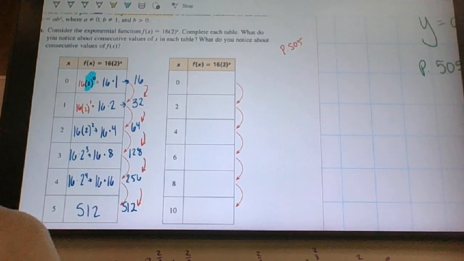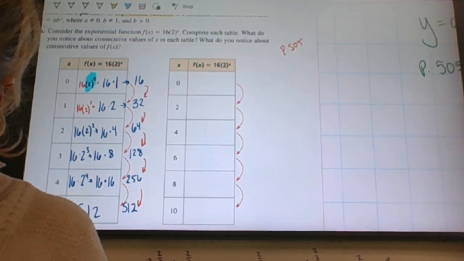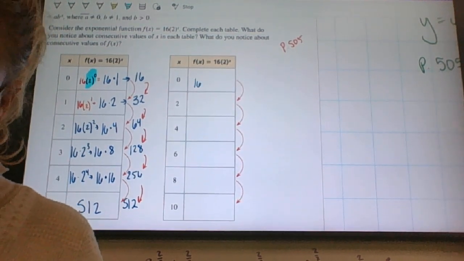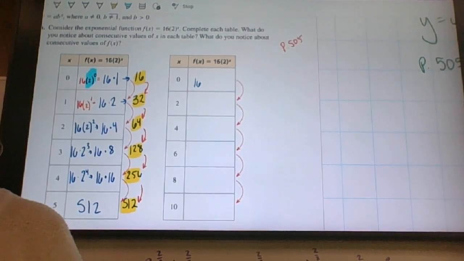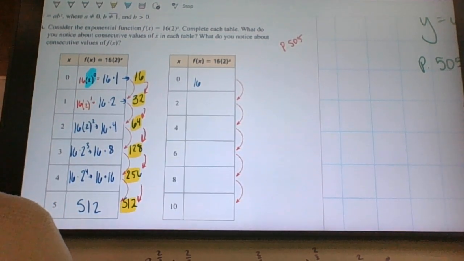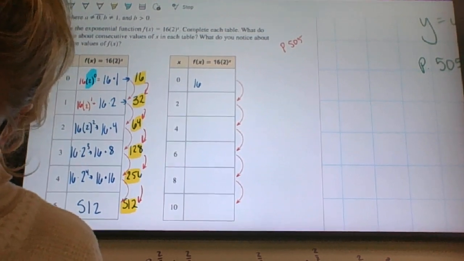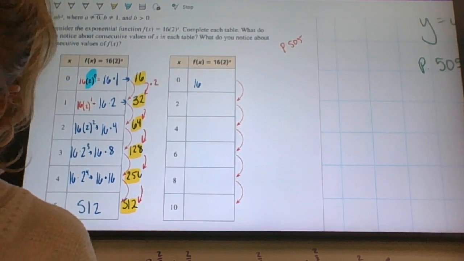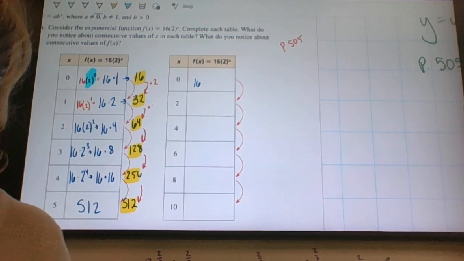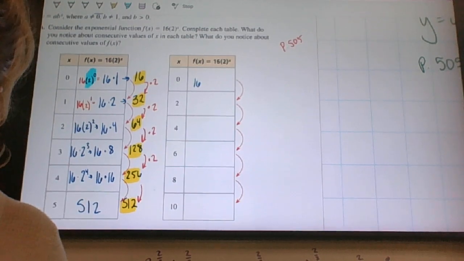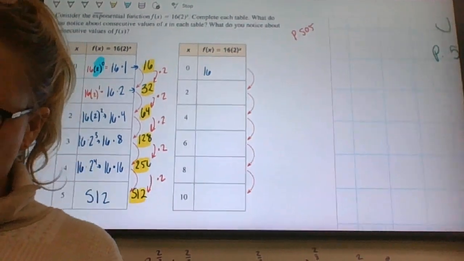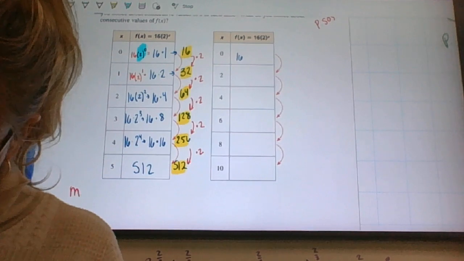Jason, what's the pattern between 16, 32, 64, 128, 256, 512? Multiply by 2. 16 times 2 is 32. What's 32 times 2? 64. What's 64 times 2? 128. 128 times 2? 256. So the pattern I see is it's multiplied by 2 each time.